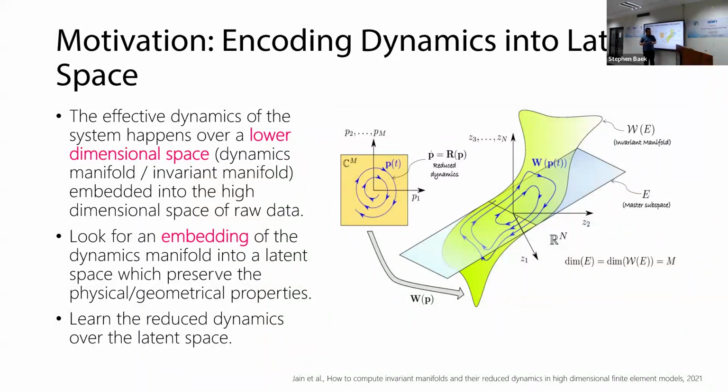And therefore, if we can somehow learn this m-dimensional space, and how this m-dimensional invariant manifold looks like, then instead of dealing with the dynamics in the original n-dimensional space, we should be able to go down to a much lower dimension m and then represent the dynamics over there. That is the idea of reduced order modeling. Does that make sense?